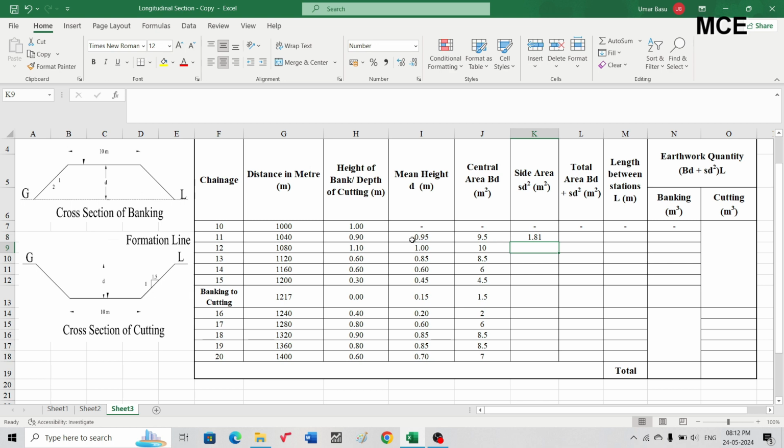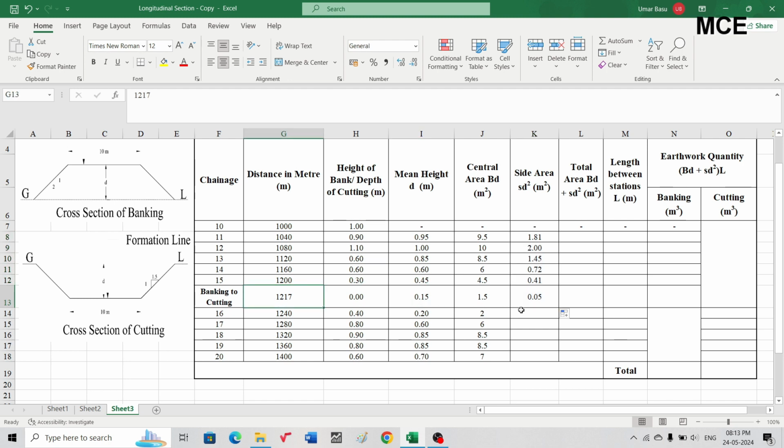Press enter, and this is the side area from chainage 10 to 11. To find it till chainage 1217, simply drag it, and you will get the side area till the chainage 1217 where our road changes from banking to cutting.